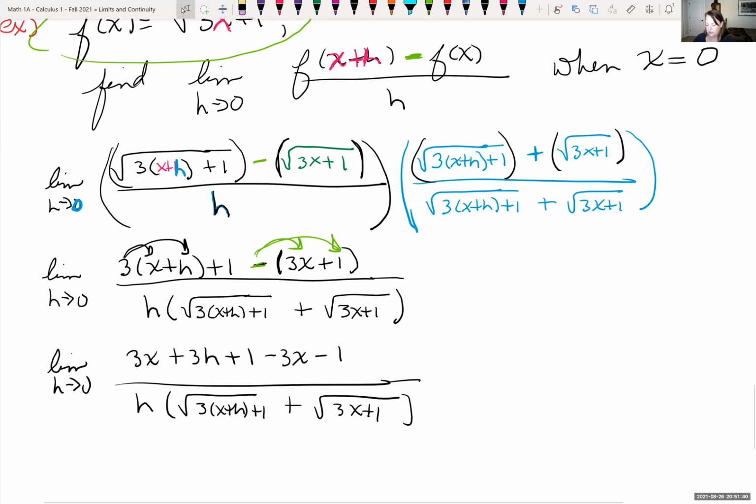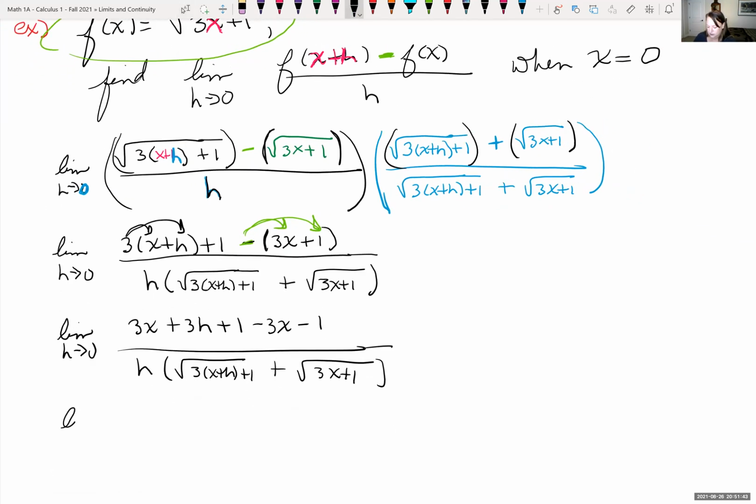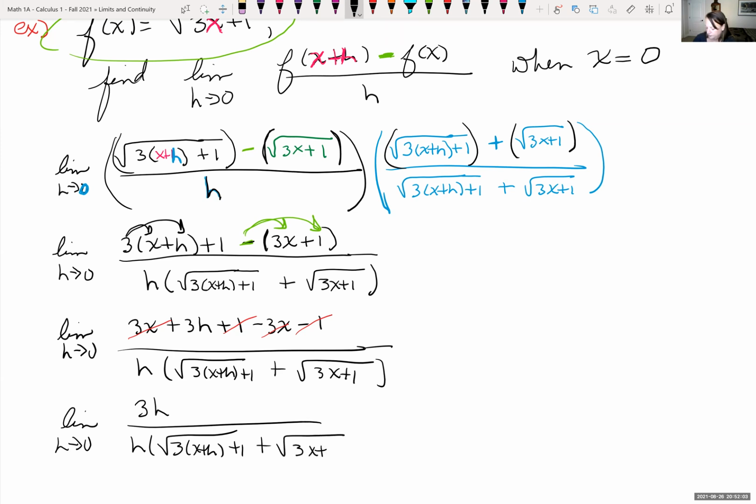So things cancel. 3x minus 3x cancels. 1 minus 1 cancels, and we're left with 3h in the numerator, all over h times parentheses, 3 times x plus h plus 1 plus the square root of 3x plus 1.